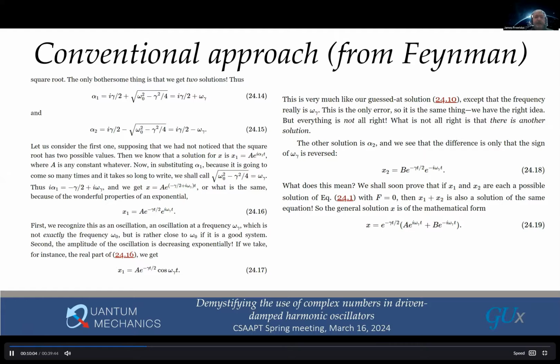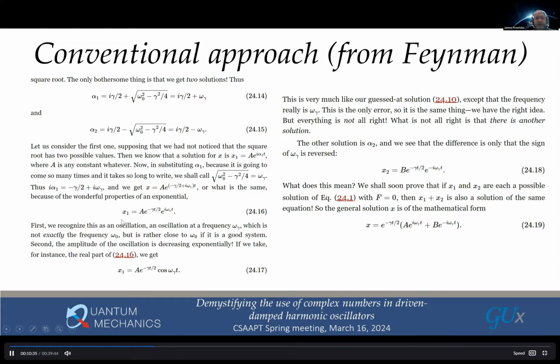Now, if we look at a more standard approach, and this is from Feynman, the Feynman Lectures on Physics, when you set up the differential equation and you solve for the exponential, it seems like this must be i times the exponential, or minus i times the exponential. You get this complex result, and there are two of them.